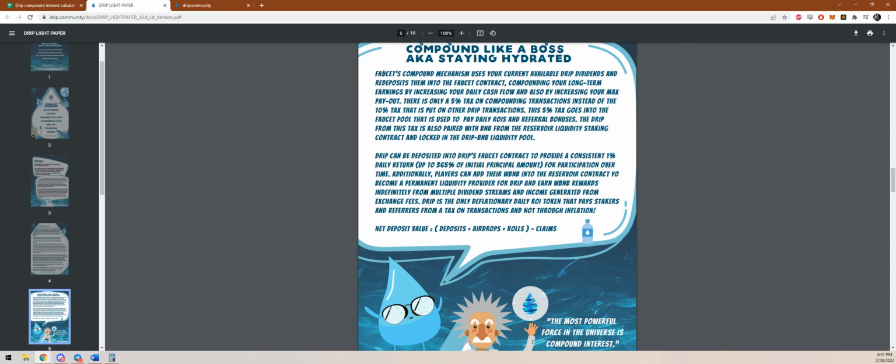Here we have an explanation of the faucet and its compounding system, the hydrate system. So when you hydrate, there is only a 5% tax on compounding. So instead of the 10% tax, you only get taxed 5%. This has a dramatic effect on the balance between compounding and claiming.